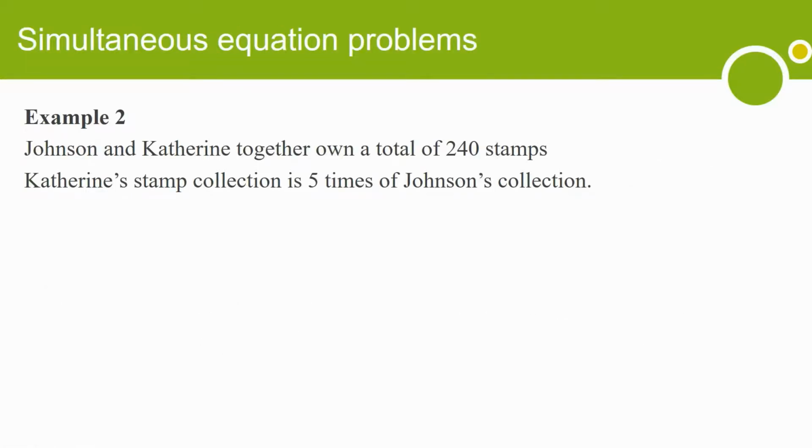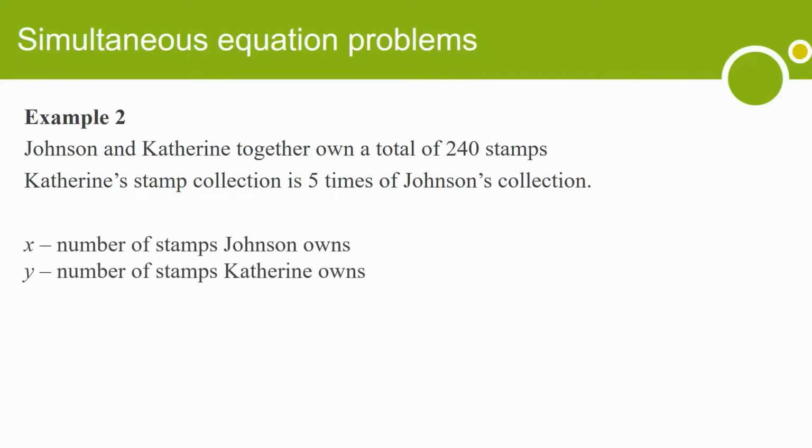Let's look at another example. Johnson and Catherine together own a total of 240 stamps. Catherine's stamp collection is 5 times Johnson's collection. From these two sentences, we can form two equations. We use x to represent the number of stamps Johnson owns and y to represent the number of stamps Catherine owns.